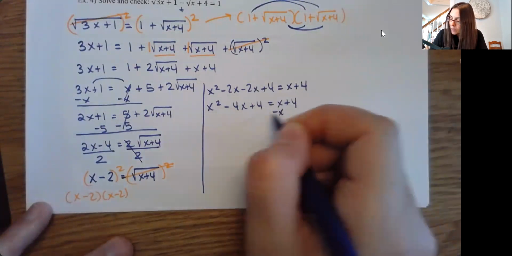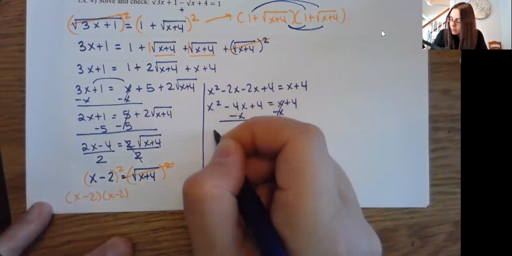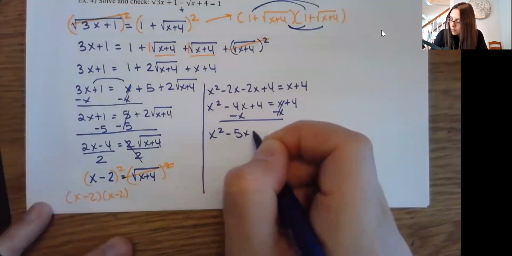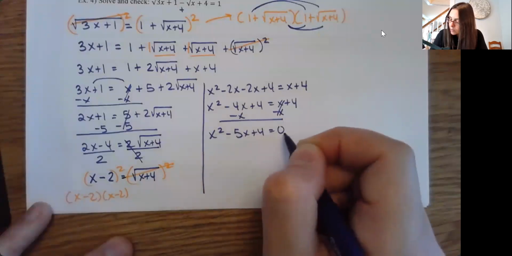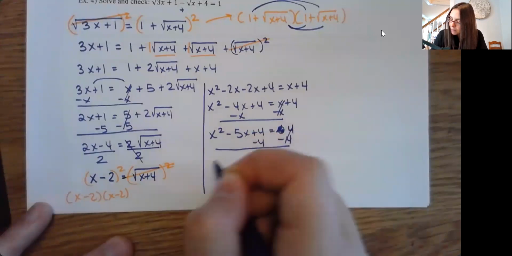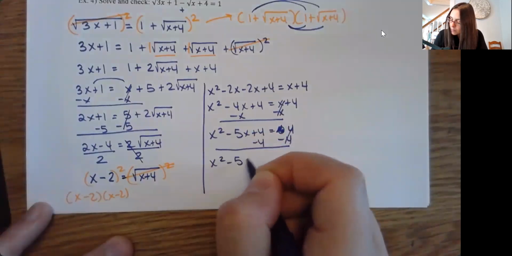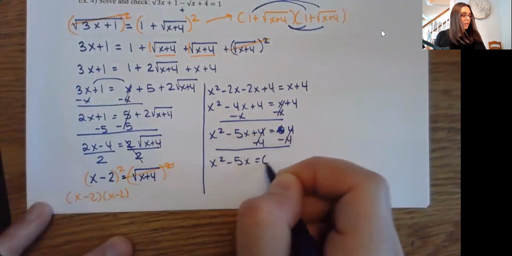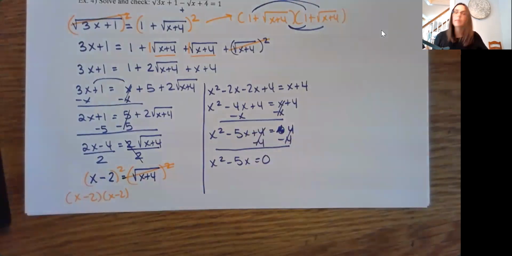I'm going to bring my x over. Oops, equals, sorry, 4. And then I'm going to bring my 4 over. I'm just jumping ahead there. And I'm left with just x squared minus 5x equals 0.